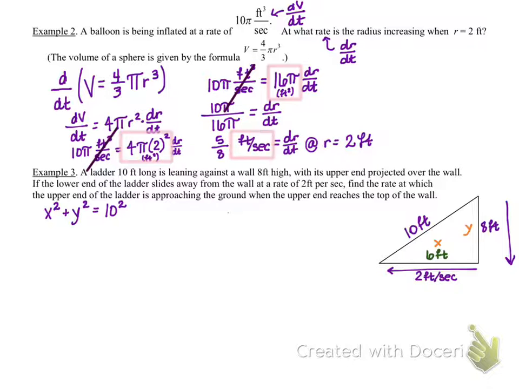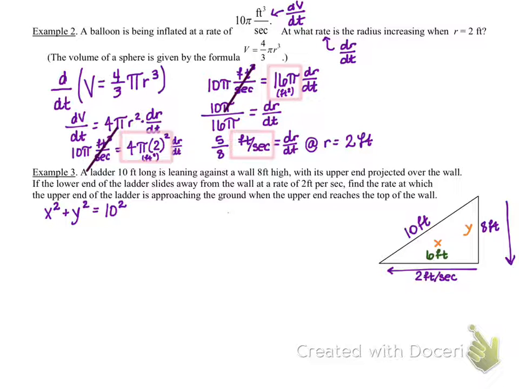How high up the wall the ladder is changes because it's sliding down the wall, and how far away the ladder is from the wall changes because it's sliding away from the wall. So we have x squared plus y squared equals 10 squared, no matter what is happening.